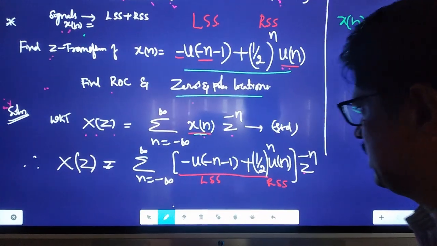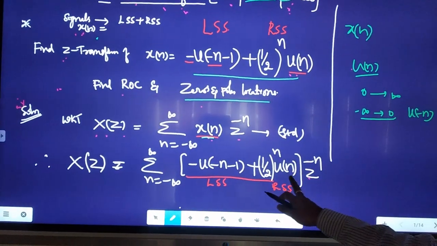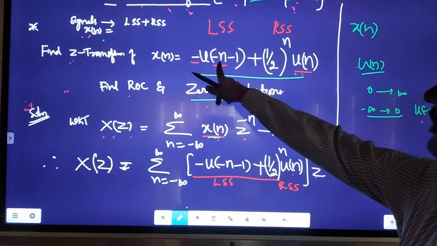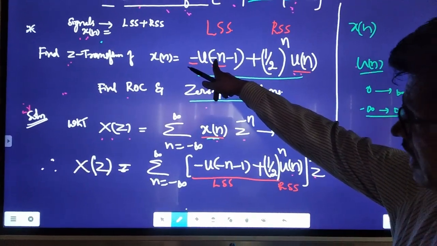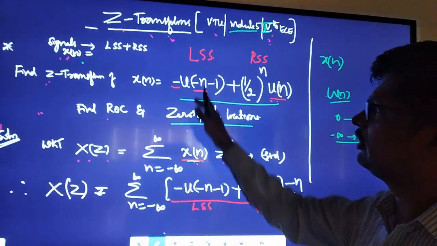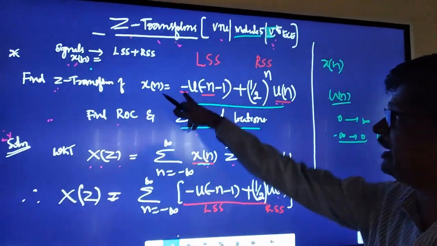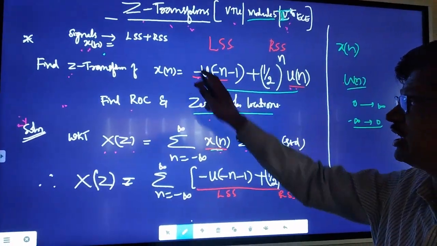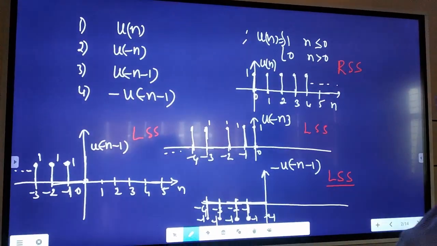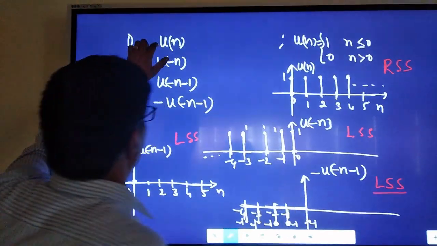Now, before solving this, let me see what u of n and u of minus n are. Actually, he is not asking for u of minus n, he is asking for u of minus n minus 1, the mirror image shifted by minus 1. It starts from minus 1 sample, and its amplitude is also minus 1. Right, this is what I want.